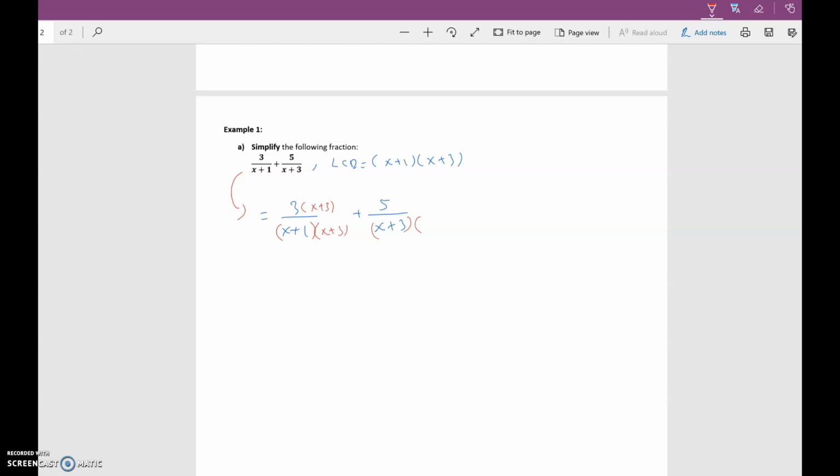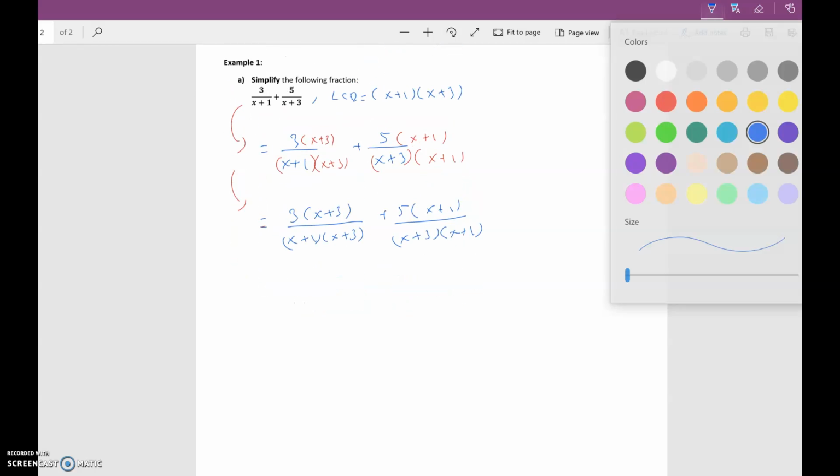And the second one is missing the x plus 1. So in this case, let me rewrite them as an actual fraction. This is 3 times x plus 3 over x plus 1 times x plus 3, plus 5 times x plus 1 over x plus 3 and technically x plus 1.